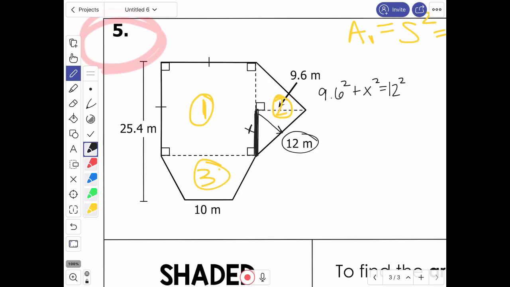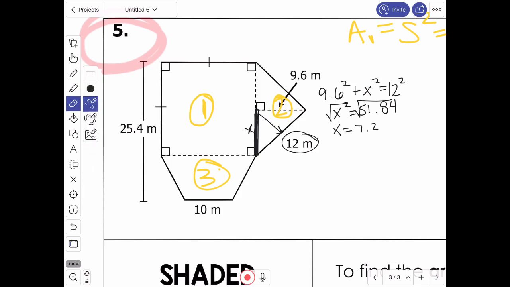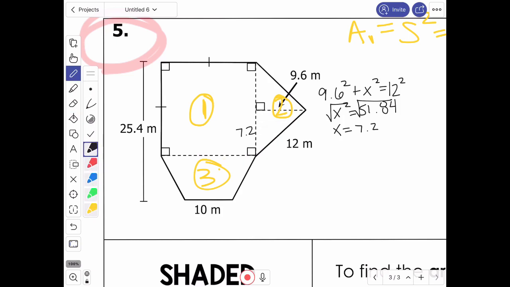So 9.6 squared, I'm going to subtract that from 12 squared. And so I get x squared equals 51.84. Then if I want to solve for x, I take the square root of both sides, and x equals 7.2. So that means this right here, I'm going to erase all this black marker, is 7.2, and this is 7.2.